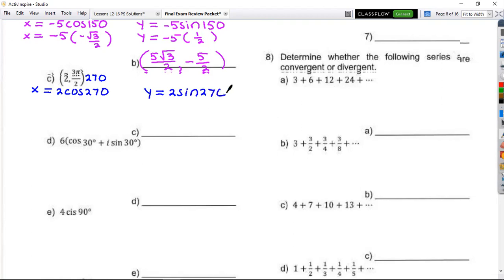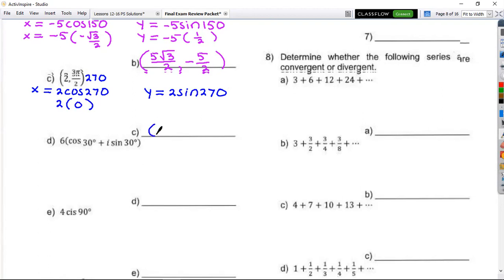And 270 degrees is not a triangle. What do you need to refer back to instead? Yep, unit circle, which means you can essentially just type these right in your calculator. So we've got 270 right off your unit circle. So it should be 0. Yep.